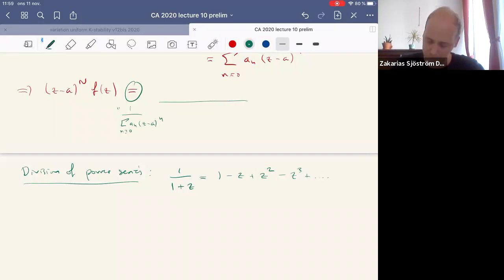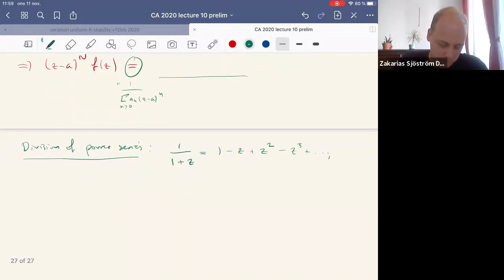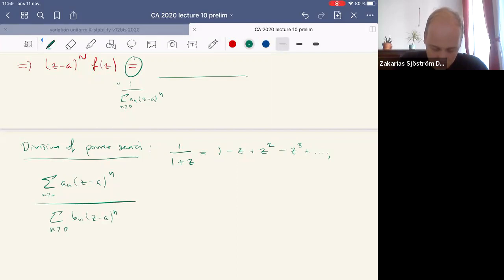So you recognize this, right? So if I have 2 power series, let us write this even more generally. I have 2 power series and I want to divide them. Then what do I do?